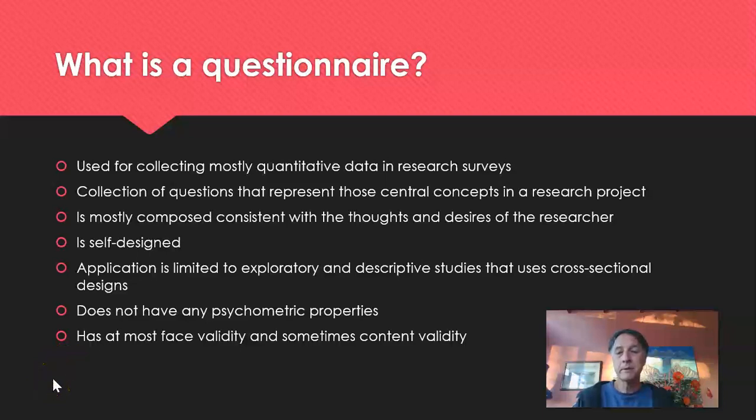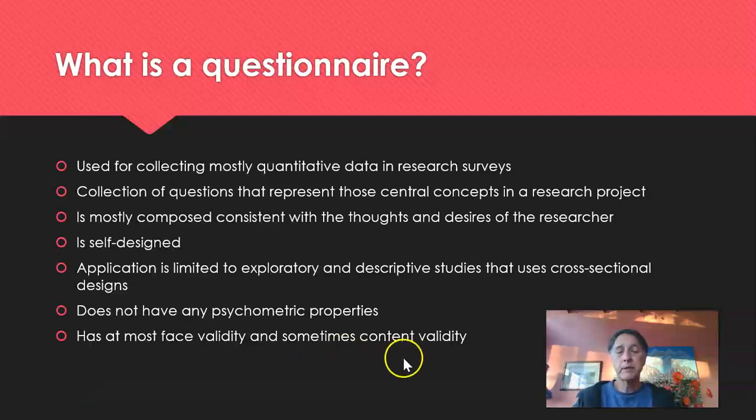The problem with questionnaires is that they do not have any psychometric properties, and that's probably one of the most prevalent limitations of questionnaires. At most, questionnaires have got some form of face validity because you gave it to a statistician to review, and that person said, yeah, this is a questionnaire and it may work. And sometimes you have developed your questions in collaboration with maybe your study leader or with other people in like a focus group.